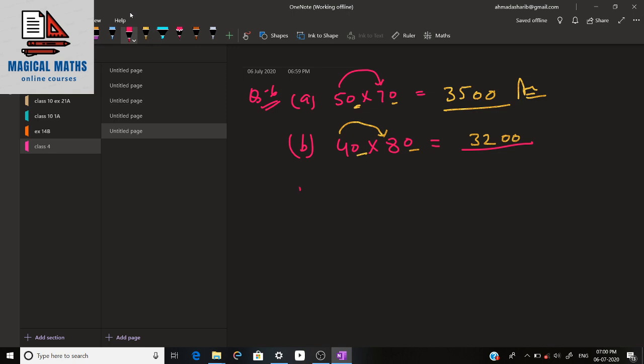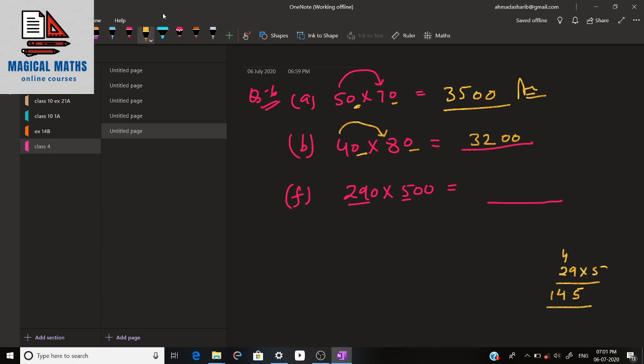now let me tell you question number F, part F of question 6, which is 290 multiplied by 500. Okay, students? So what you have to do, just multiply 29 to 5. Okay, multiply 29 to 5 in rough. So 29 to 5, 5 nines are 45, 5, 4 carry, 5 twos are 10 plus 4, 14.